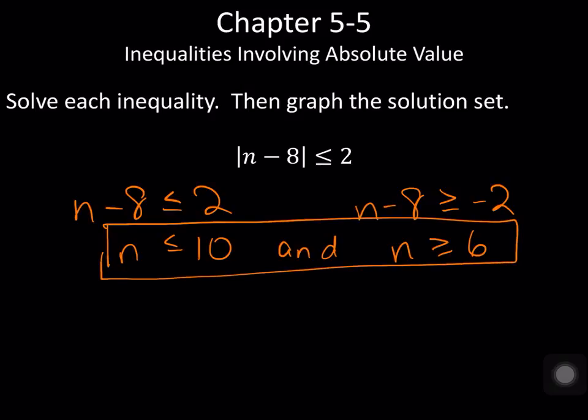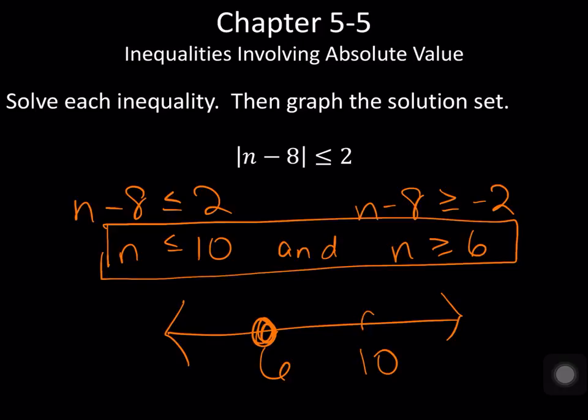I want to graph that solution, so let's find 6 and 10. Both of them are going to be closed circles because of the or equal to. Greater than 6 goes in that direction, less than 10 goes in that direction, and again, the shading happens between the 6 and the 10. It has to happen between the 6 and the 10.